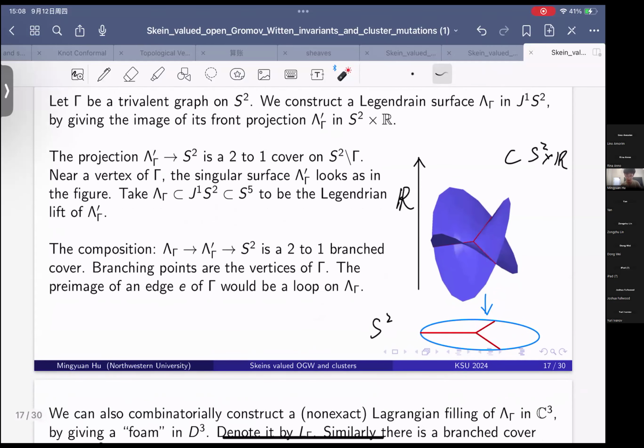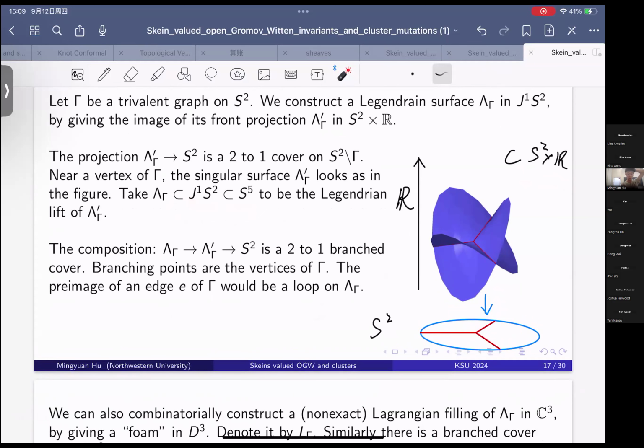And this gamma is indeed the singular locus of this singular surface. You can imagine that whenever we write down a trivalent graph gamma on S2, globally we will have a singular surface above S2, and we can take its front projection inside the first jet bundle and then embed it in S5.